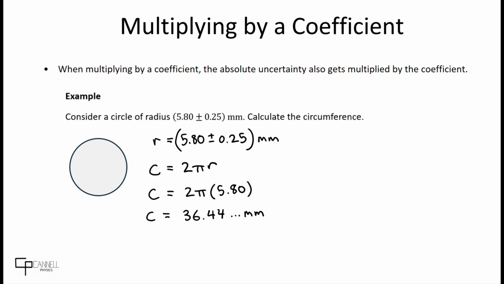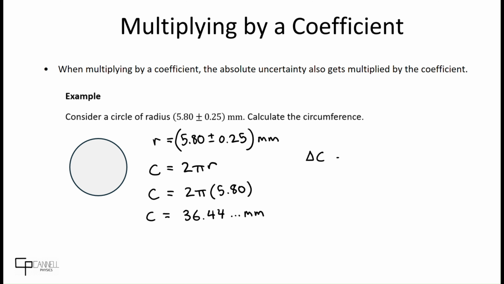So what about the uncertainty in the circumference? Well, since the circumference is simply the radius multiplied by two coefficients or two constants, 2 and pi, the uncertainty in the circumference is simply the uncertainty in the radius multiplied by these constants, as the dot point above suggests.